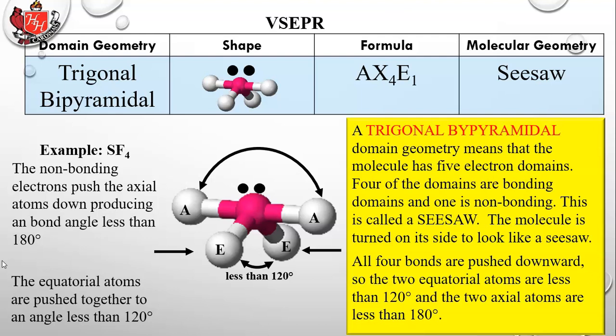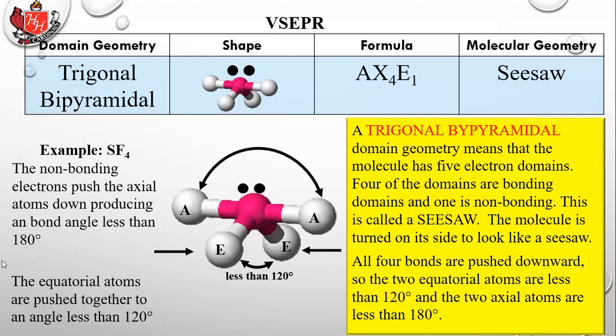All 4 bonds are pushed downward, so the 2 equatorial atoms are less than 120 degrees, and the 2 axial atoms, the ones on each side, are less than 180. They're kind of squeezed down. So that's what lone pairs do. They change the bond angle from what it would be if there were no lone pairs. They're pushing on the bonding electrons, that's the pink and white tubes, and pushing all of them downward to squeeze the bond angle together.